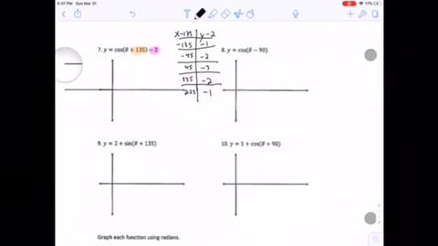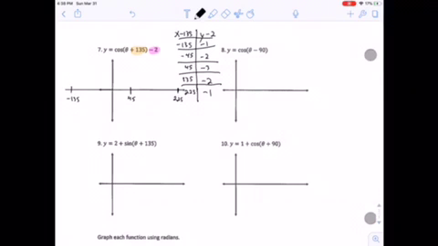And hopefully it doesn't move on me. There we go. So extend that out, and here we go. So let's go -135 here. Alright, and then 225 we'll put way out here. Halfway in between, right there, is going to be 45.